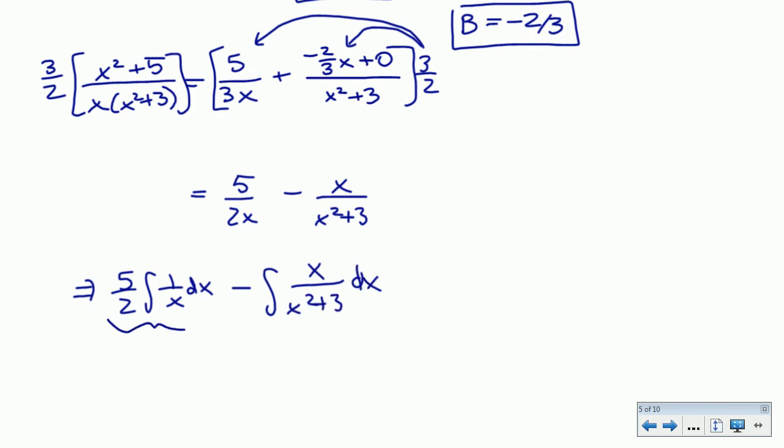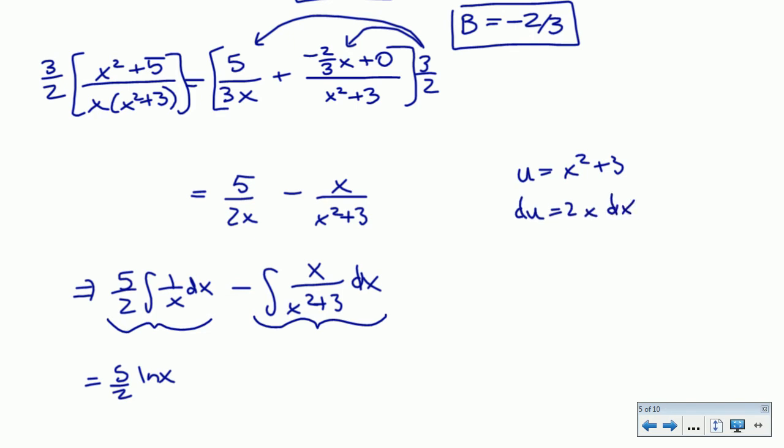So this one's easy enough. That would be 5/2 ln x. And we can do the second one using substitution. So if we let u equal x squared plus 3, then du equals 2x dx, which means x dx is equal to du over 2. And we can see an x dx appear in this integral, and x squared plus 3 in the denominator.